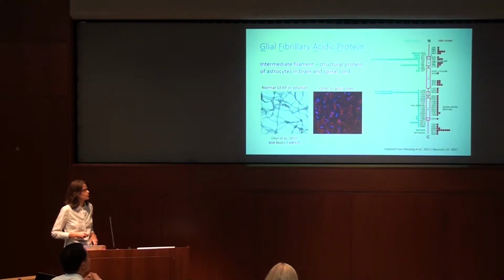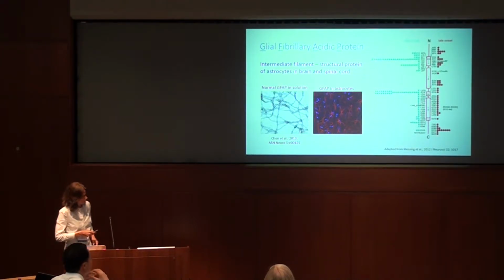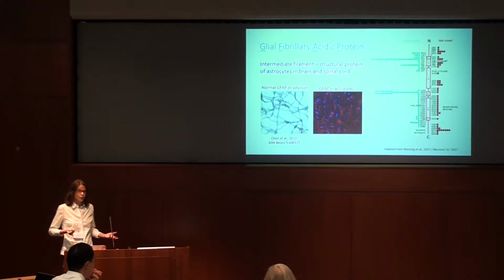It kind of self-polymerizes. And here you can see a GFAP stain in brain, and you can see GFAP fills the processes. The cells are kind of star-shaped, and you can see GFAP staining going out into the processes. Astrocytes are called astrocytes because they're star-shaped.